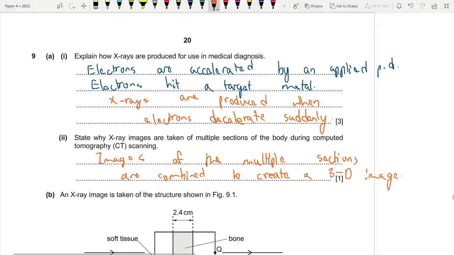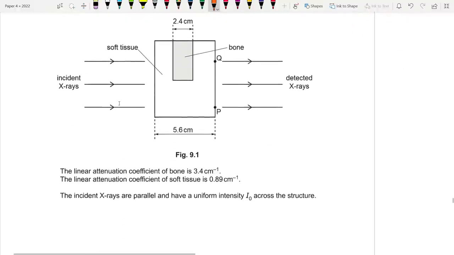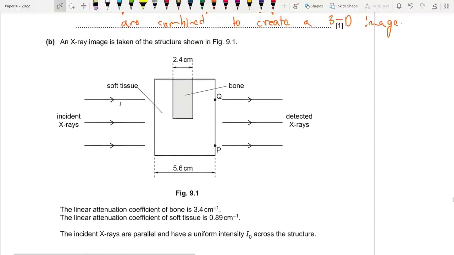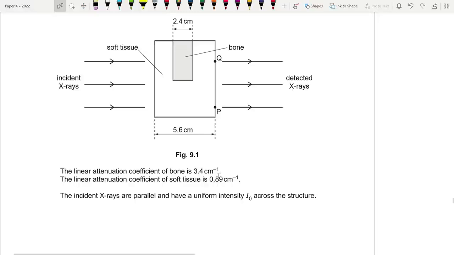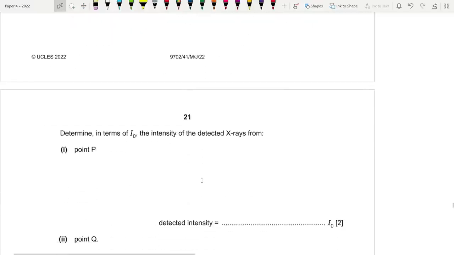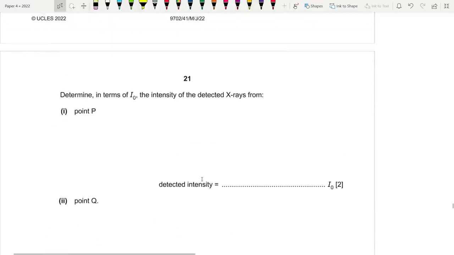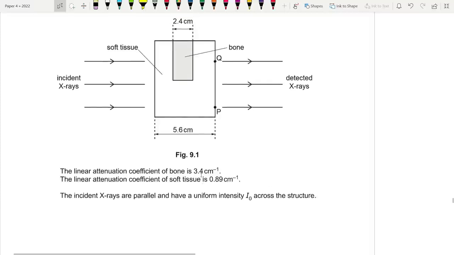Okay, an X-ray image is taken of the structure shown in figure 9.1. The linear attenuation coefficient of bone is this, and of tissue is 0.89. The incident X-rays are parallel and have uniform intensity. Determine the intensity of the X-rays at point P. Okay, so here we're only passing through soft tissue, 0.89.